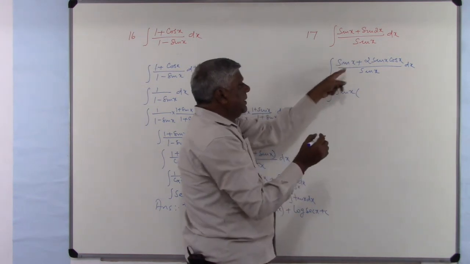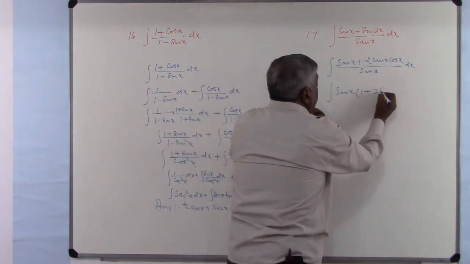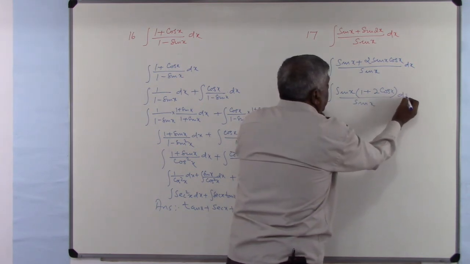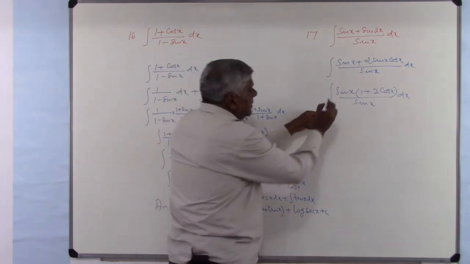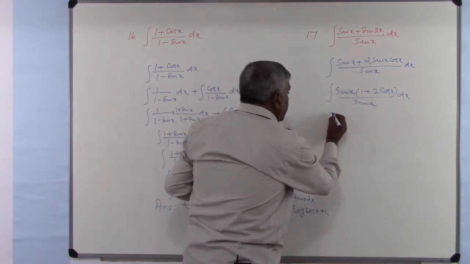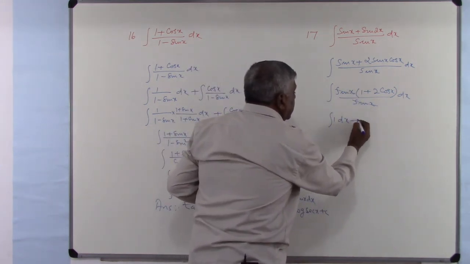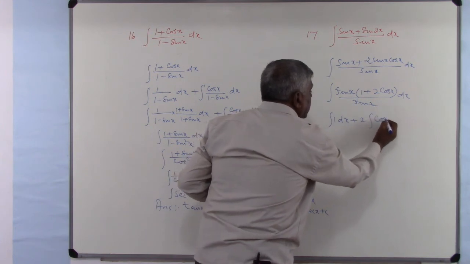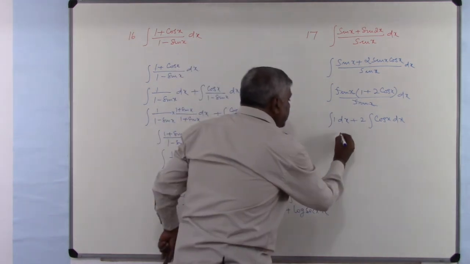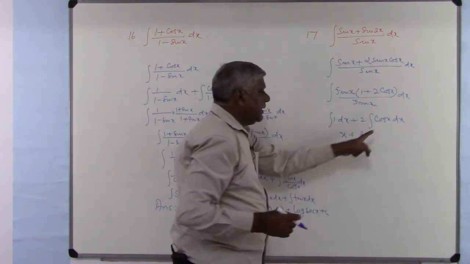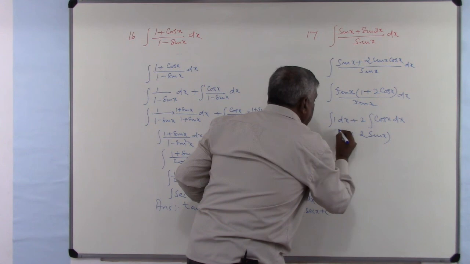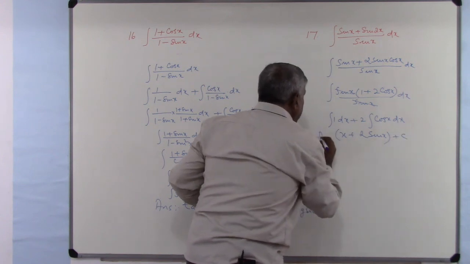If I take sin x common here, 1 plus 2 cos x divided by sin x into dx. Now, this sin x and this sin x get cancelled. We will split now. Integral 1 into dx plus integral 2 cos x dx. So integral 1 into dx is x plus integral 2 cos x dx is 2 sin x, plus c. This is the answer for that.